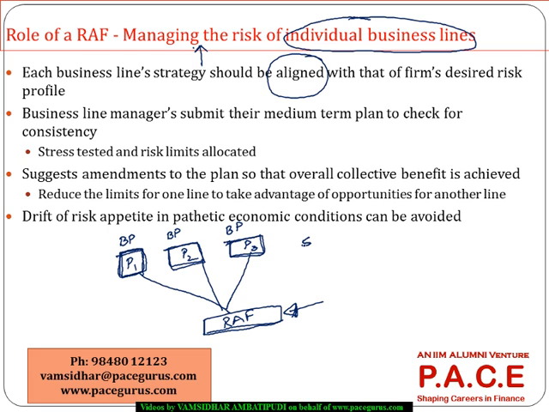So some kind of stress tests on the same can be done. To each business line, some kind of capital is allocated and risk limit is allocated. These all can be really done once this framework is quite effective.